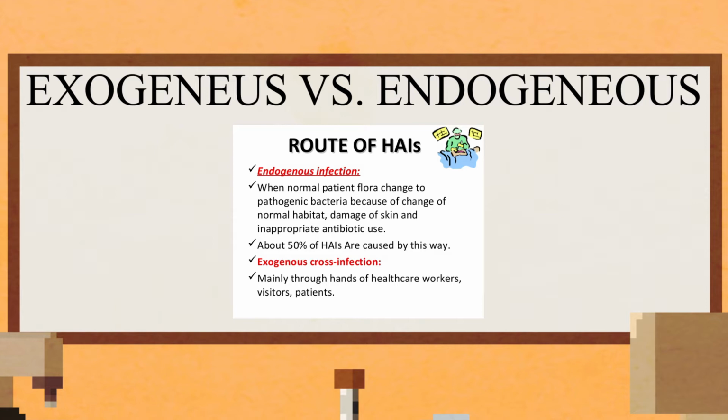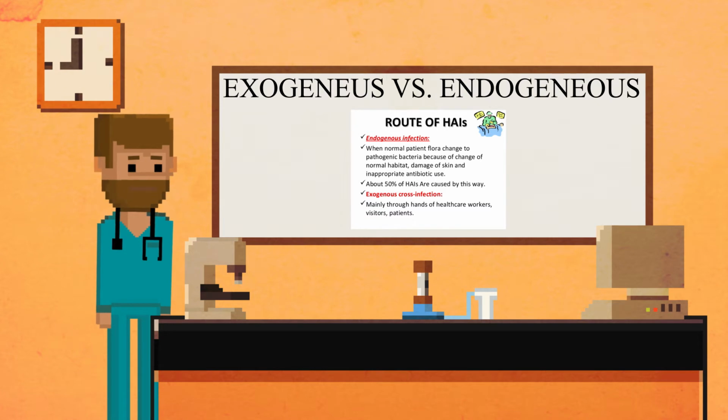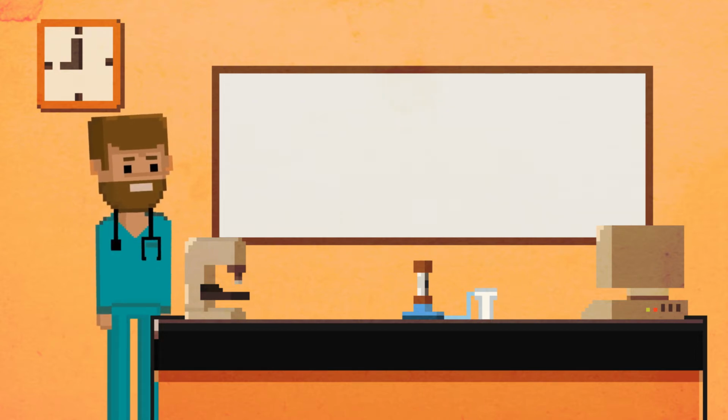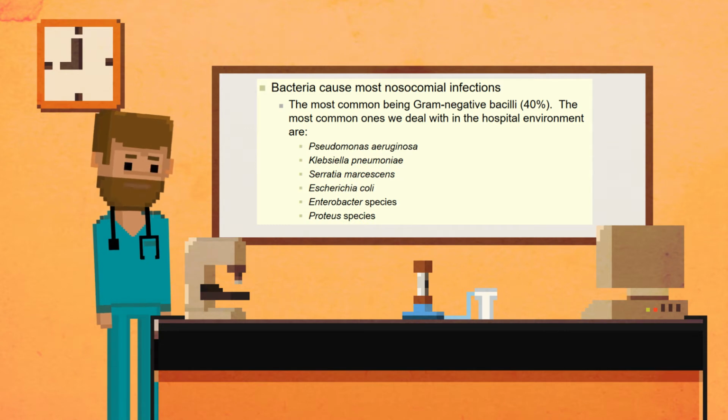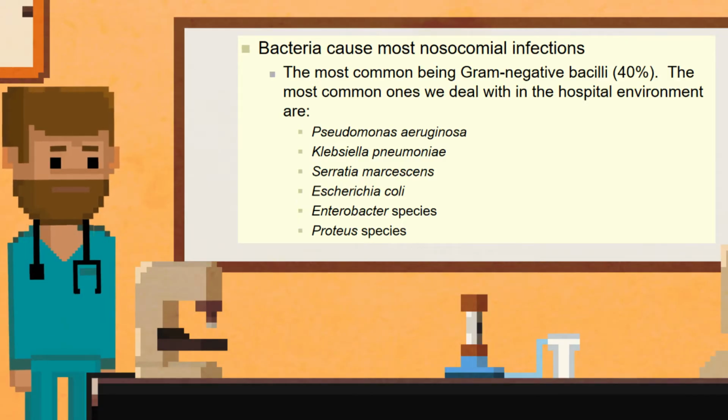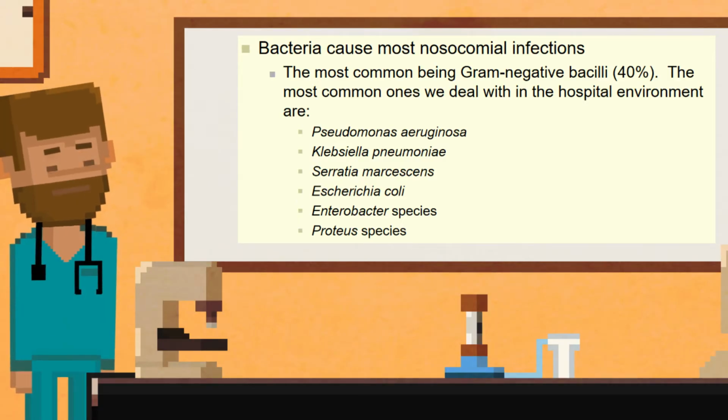They could have bacteria on them that's not really causing them any problems until they're in the hospital, their immune system's compromised, things like that, and suddenly they get sick. Next, let's talk about the most common organisms for nosocomial infection. Bacteria cause the most nosocomial infections, the most common being gram-negative.